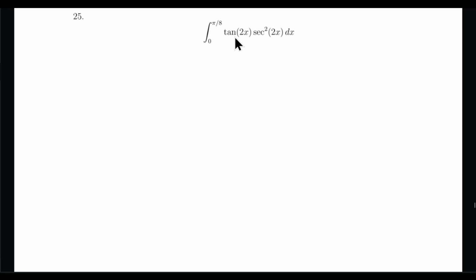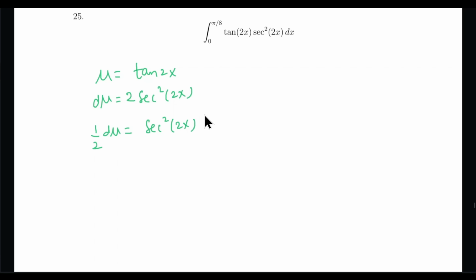I'm just going to do what looks like a straightforward u, which is tan of 2x. So du is going to be derivative of tan as secant square 2x, and derivative of this 2x is 2, so 2 comes outside. Divide both sides by 2, so 1 over 2 du is secant square 2x.